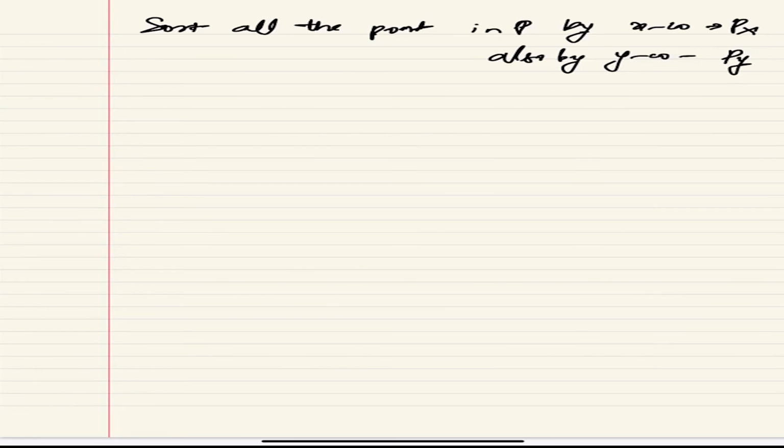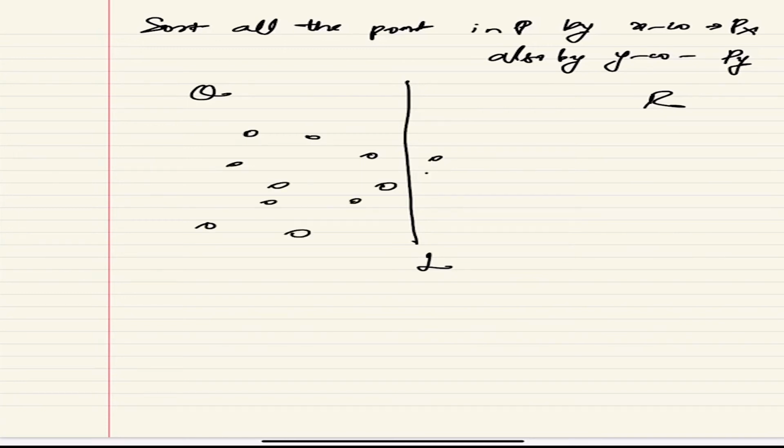Now I want to divide them into 2 parts. Suppose this is my line L, and I call the 2 parts Q and R. How will I find Q?